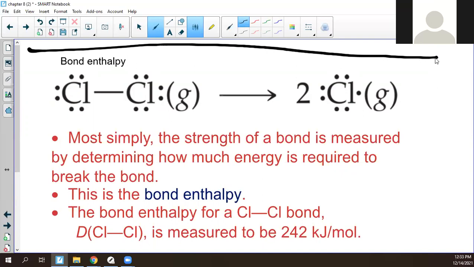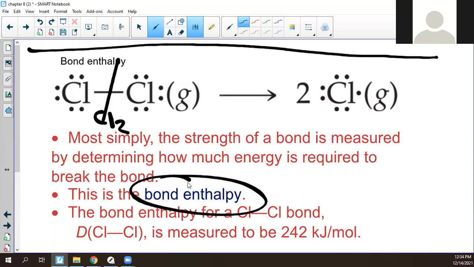It's where we find the changes in heat or energy. Most simply, the strength of a bond is measured by determining how much energy is required to break it. For diatomic molecules, to separate them into single atoms, it takes energy.